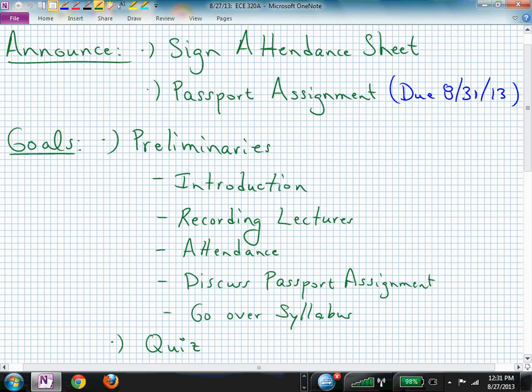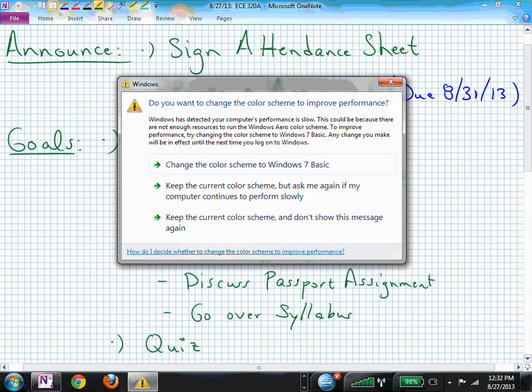I'm Hal Tharp. I will be your instructor for ECE 320A. I'm going to be passing around three different sheets, but two different types of sheets. One is attachment 1, which if you want to add the class, then go ahead and sign your name to.